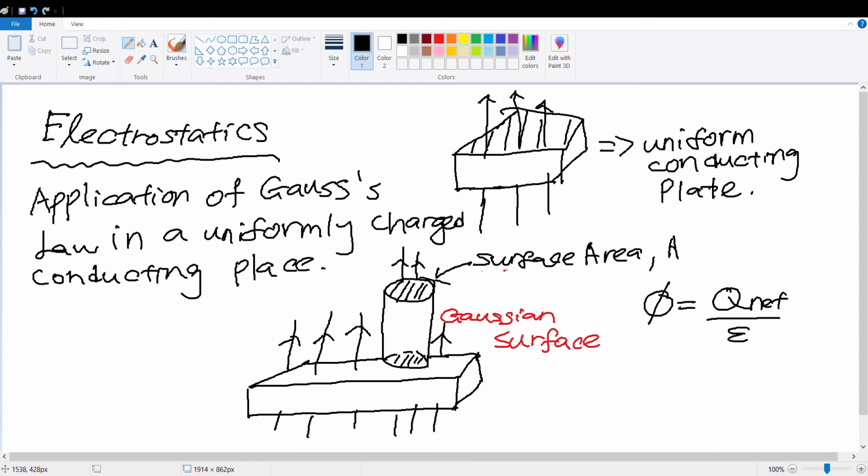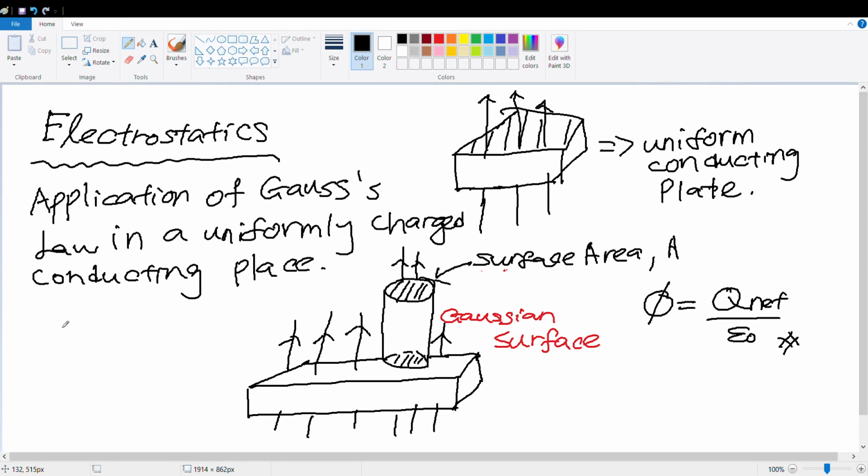For this closed cylindrical Gaussian surface, the permittivity of the medium should be the permittivity of free space.